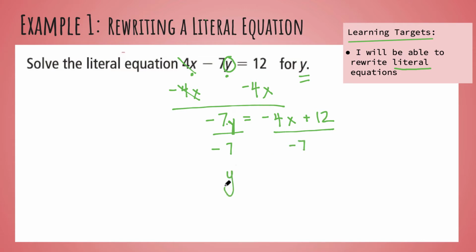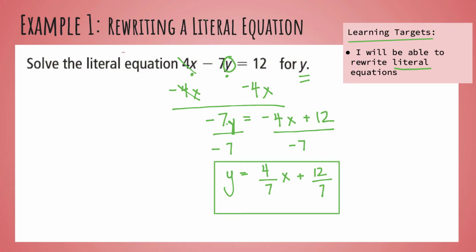And when we do this, we end up with y is equal to, so I'm going to break this up into two fractions. Negative 4 over negative 7 is just 4/7 x plus 12/7. And now we've solved for y.